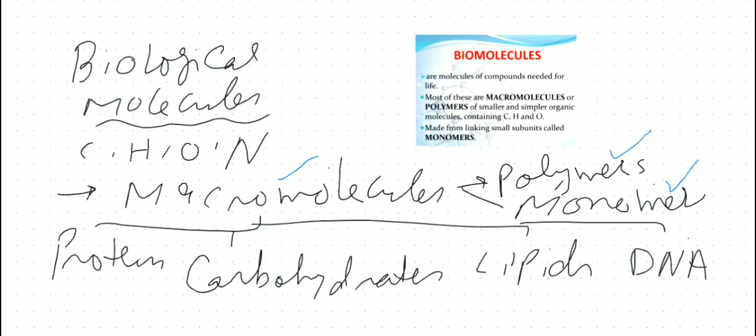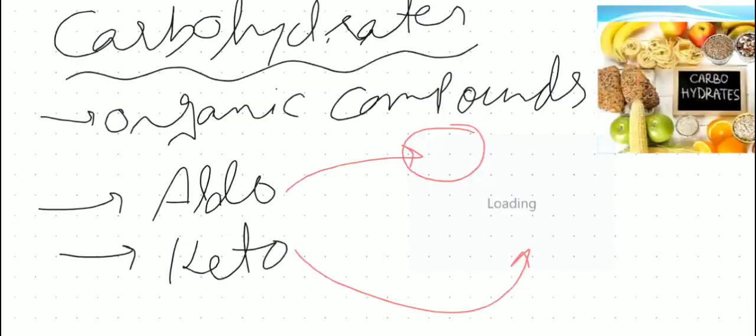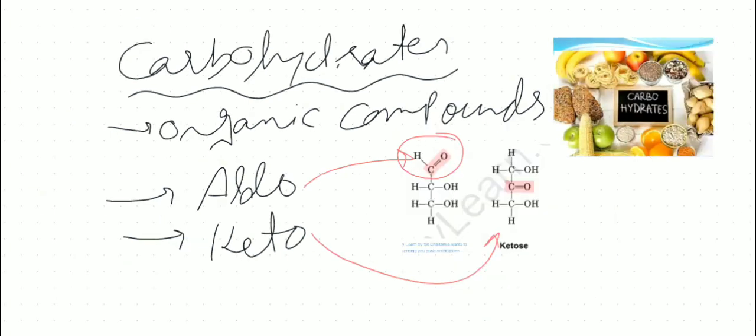So in this lesson, we discuss first of all the molecule carbohydrate. If you see, dear students, carbohydrates are carbon, hydrogen, and oxygen containing compounds.